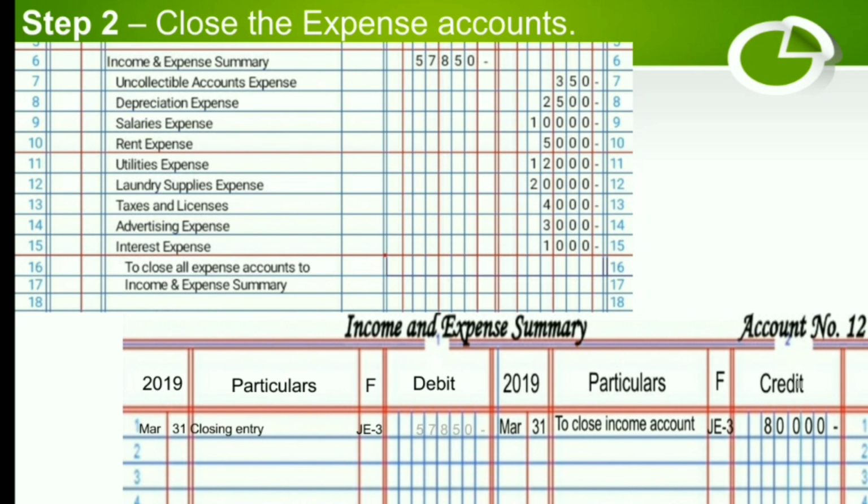And then the amount is 57,850 pesos. Then in the general journal, in its folio column, we're going to write GL12 or General Ledger Account number 12. This means that the debit entry of income and expense summary of 57,850 pesos is posted to account number 12.